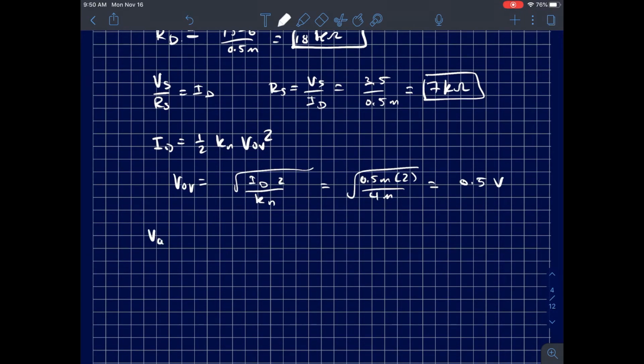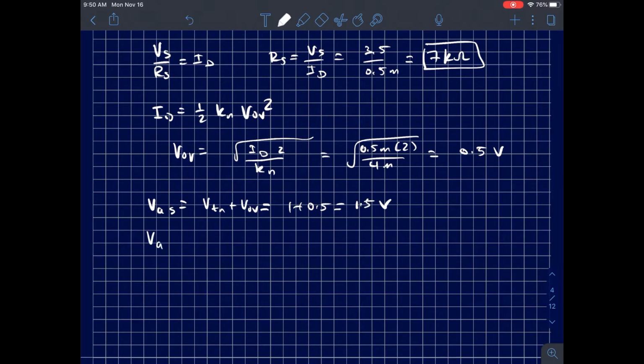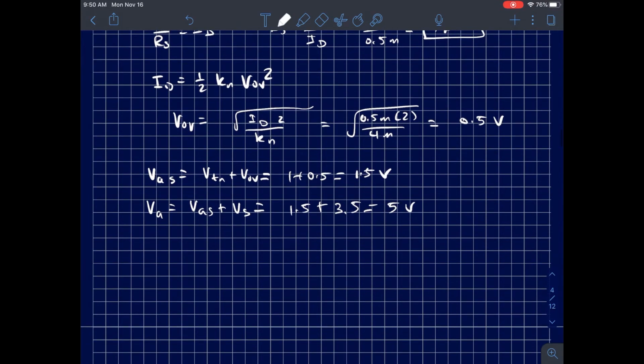I also know that VGS is VTN plus V overdrive, which is 1 plus 0.5, so this is 1.5 volts. So VG is equal to VGS plus VS, which is 1.5 plus the source voltage of 3.5, so this is 5 volts.